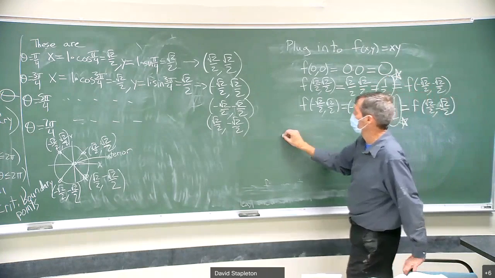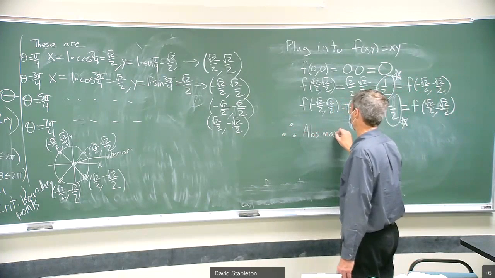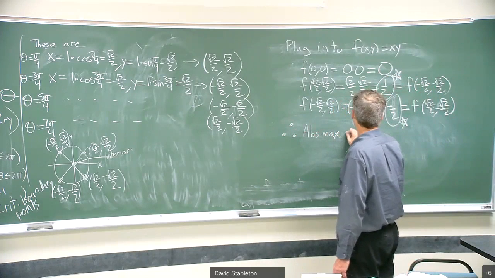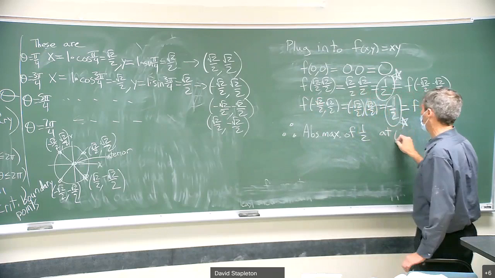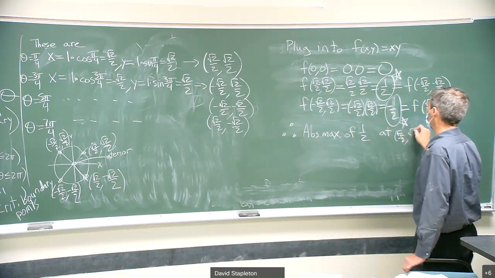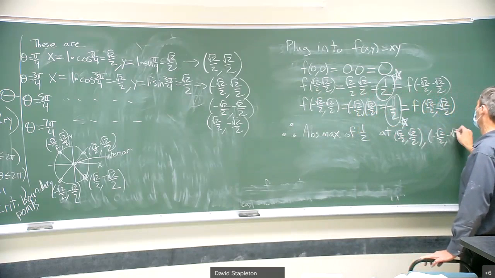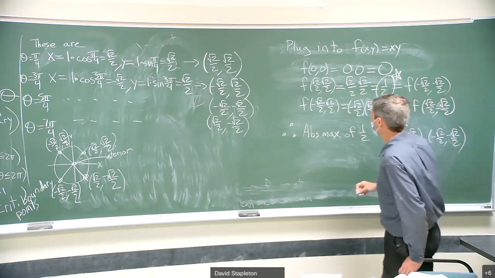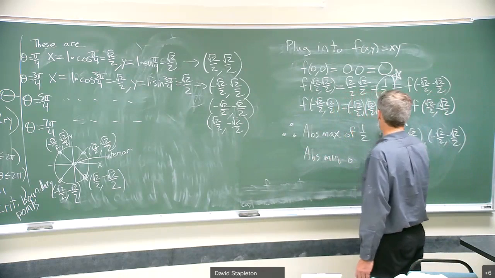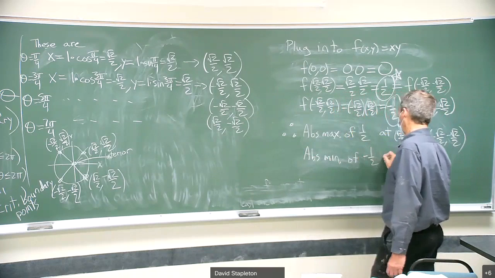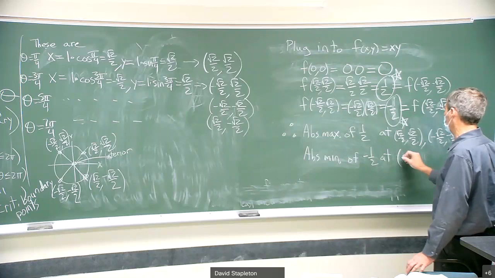So what I conclude, therefore, is the absolute max, the largest this function ever gets over the disk, is 1/2, and it occurs at both these points, at square root 2 over 2, square root 2 over 2, and then minus the same. Absolute min: the smallest number was minus a half, which occurs at the other 2 boundary points, and the interior critical point just didn't happen to be either the absolute max or min.